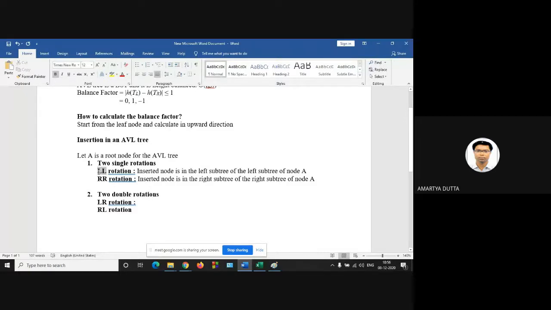Always read from the right to left. Inserted node in the right subtree, then right subtree of node A. Okay, A is the root node.